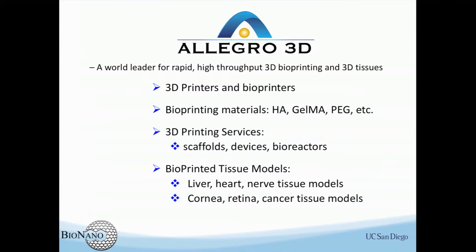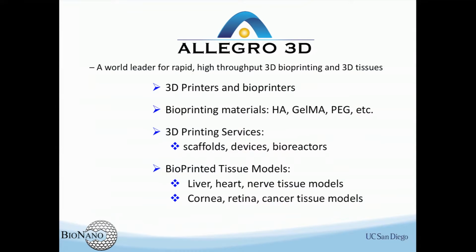And with all these fundings over the years, we thought the technology had matured enough. It was time to create a company, and so that's why I'm here today, invited by Victoria, to show this company called Allegro 3D. That means you can fast print things. The company is developing these 3D printers and bioprinters, and they can also offer you the materials for printing.